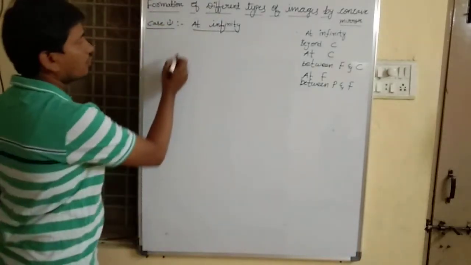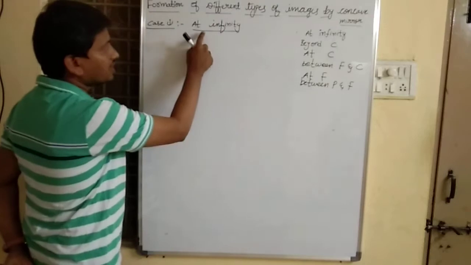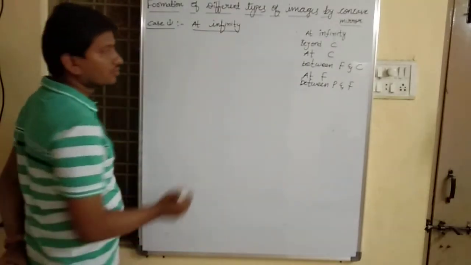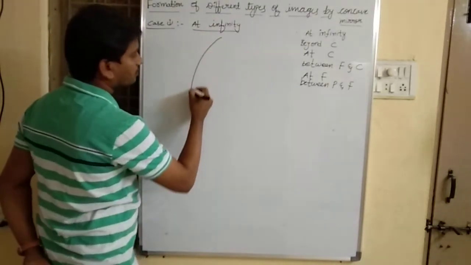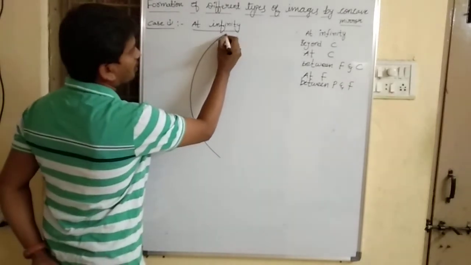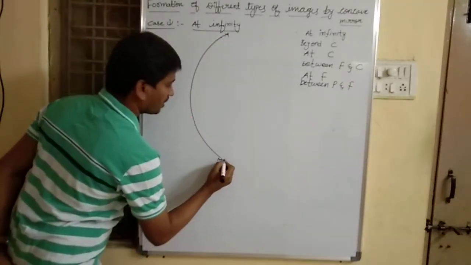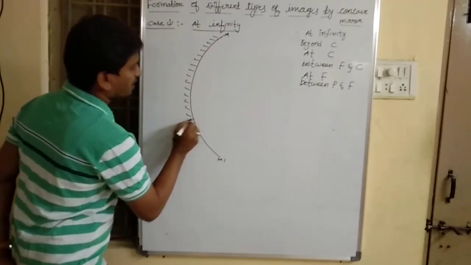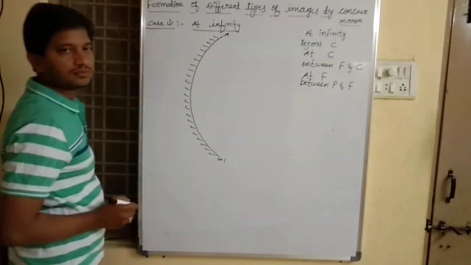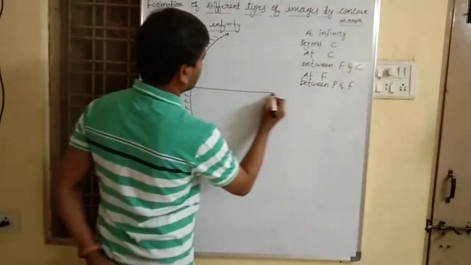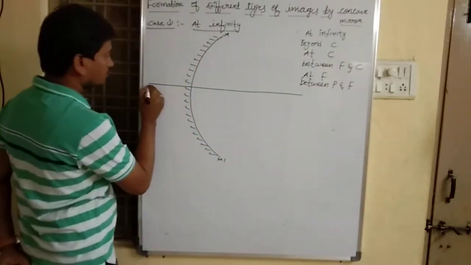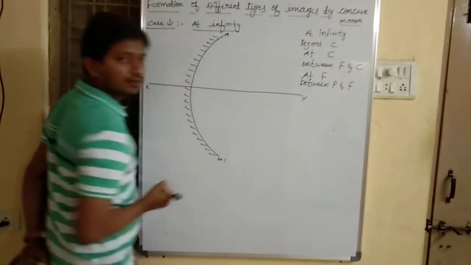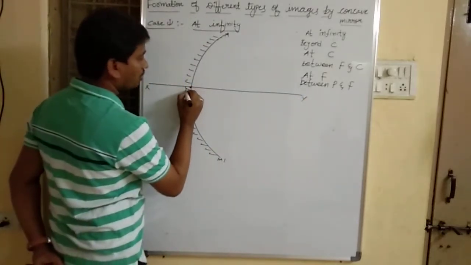So now I have to place an object at infinity. This is my concave mirror M dash, this is the principal axis XY, and this is my pole.